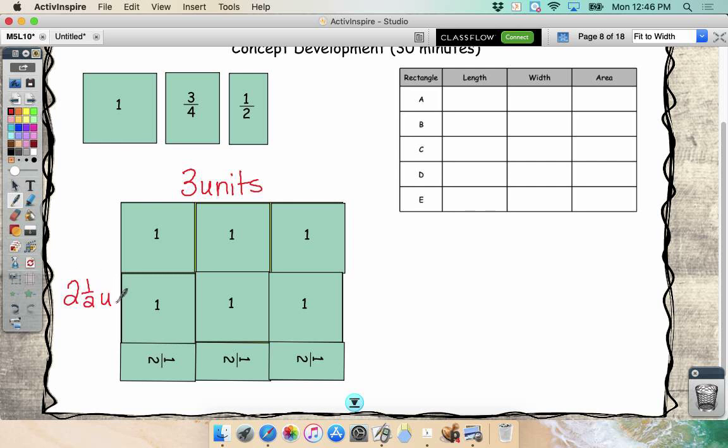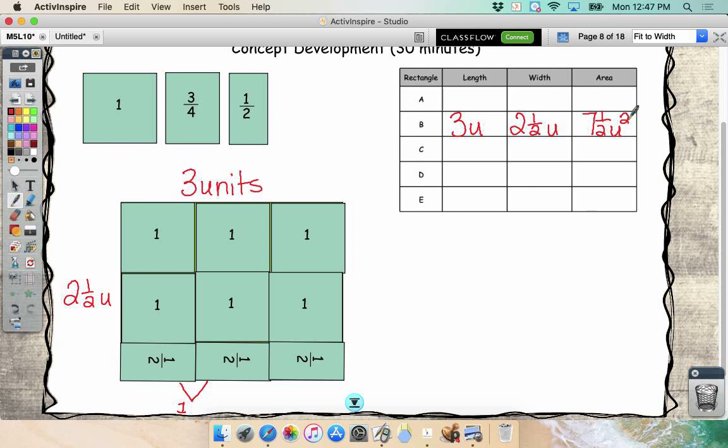And if I count all these, that's 6. What's a half plus a half? A whole. So that's 7 plus another half. 7 and a half. So if I have something that's 3 units by 2.5 units, it's going to be 7.5 square units. Everybody say square units.